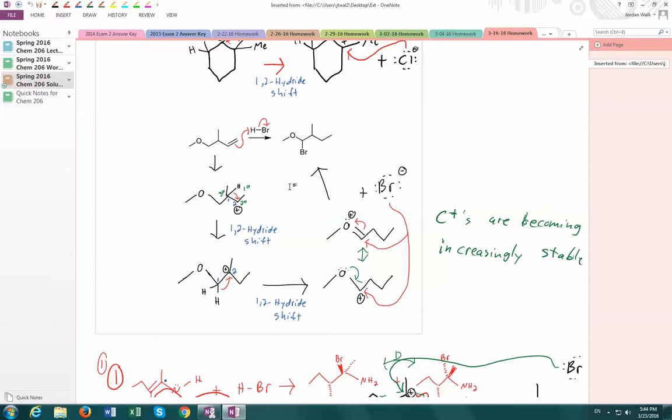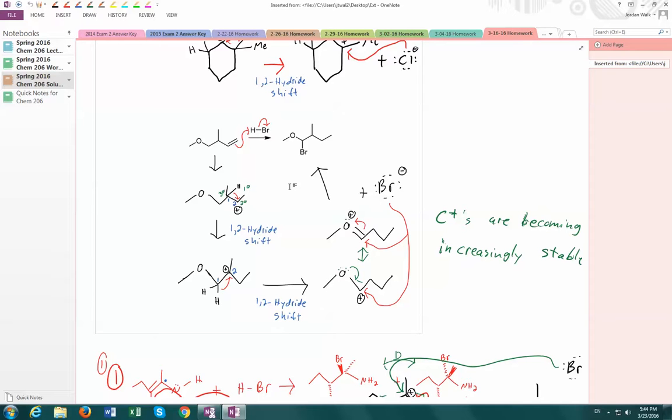Now we can draw a resonance structure where we close the shell of that carbocation. So we do 2 shifts. The first goes from a secondary to a tertiary carbocation, which is thermodynamically favorable. And then from this point, we're going from a tertiary to a resonance stabilized carbocation.